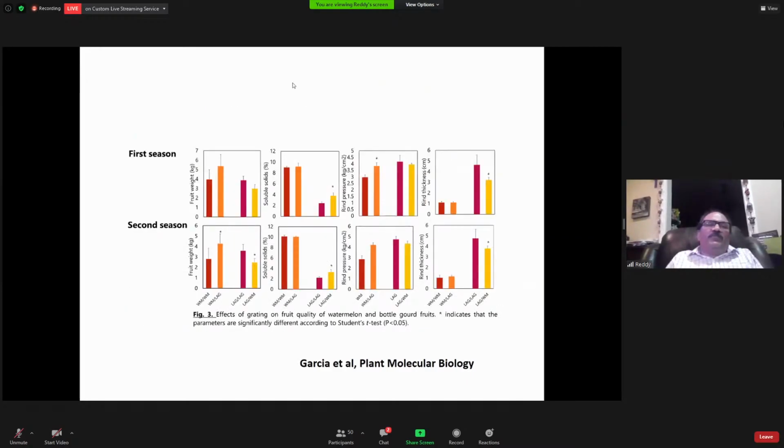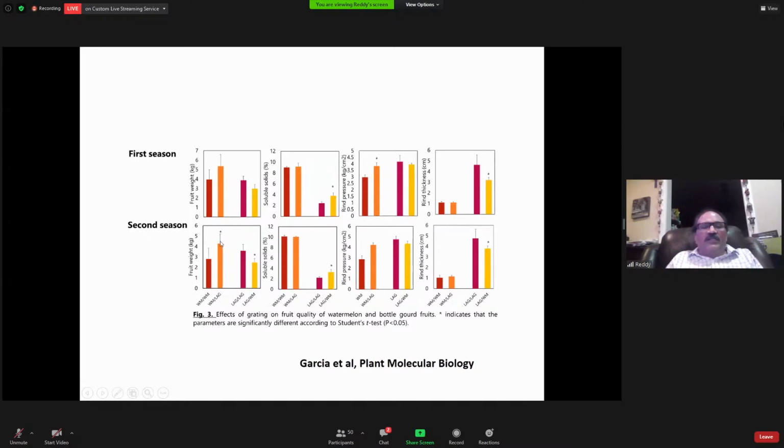So we tested that. We grafted like that. In 2 seasons we tested. You see, this is the watermelon grafted on watermelon, just to see is there any grafting effect. And then watermelon is used as scion and grafted on the rootstock of Lagenaria. Lagenaria means the bottle gourd.